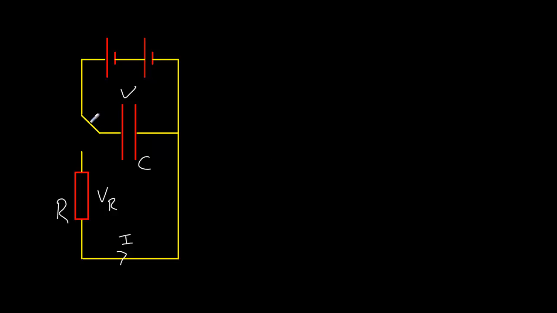With the switch in this position, the capacitor C is going to gain a charge of Q0, so that the potential difference across the capacitor, V0, is going to equal Q0 over C. And this is going to be equal to the EMF of the battery.